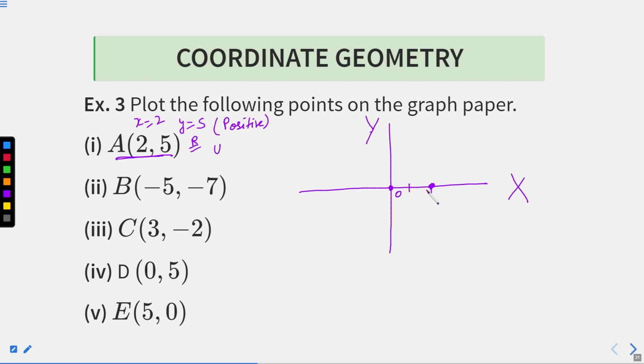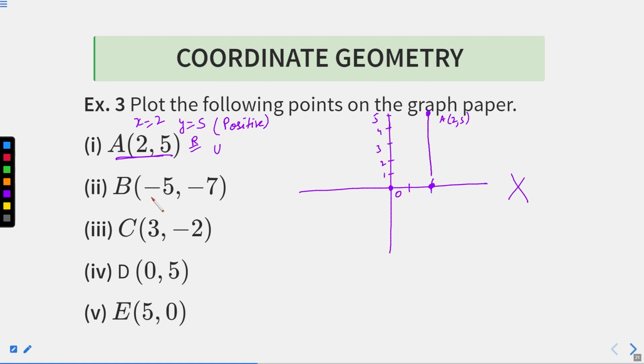Now I have to move 5 points up. 1, 2, 3, 4, 5. So here is my A point (2, 5).